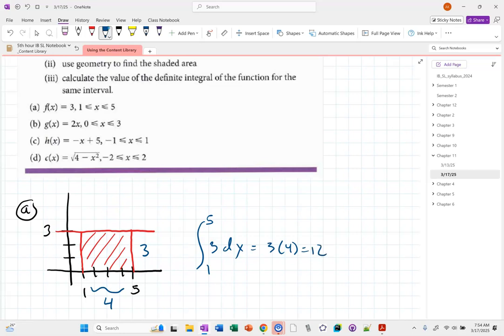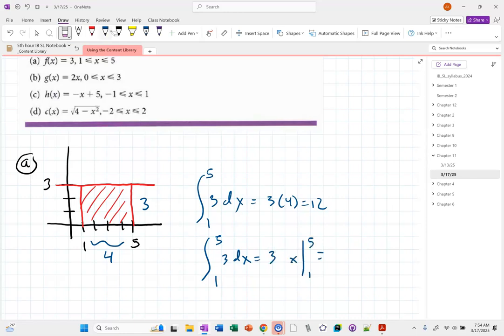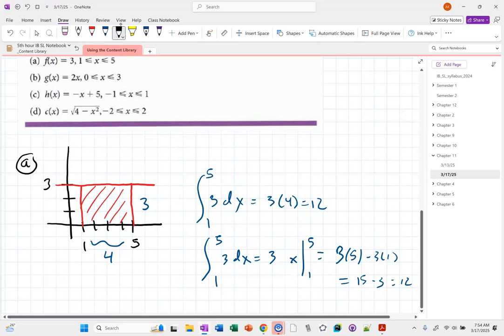And if I did this as a definite integral, we would do basically what we did before, and get the same result, right?